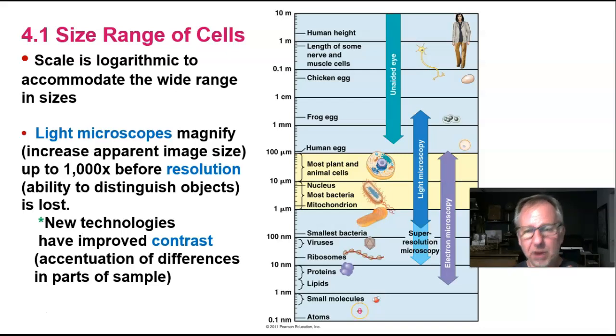So there are also some new technologies with more advanced microscopes that allow us to actually see things even more clearly. They're getting pretty fancy. But there's a variety of ways that we can increase contrast when we're looking at specimens in a microscope. Contrast is our ability to accentuate differences, to tell things apart.